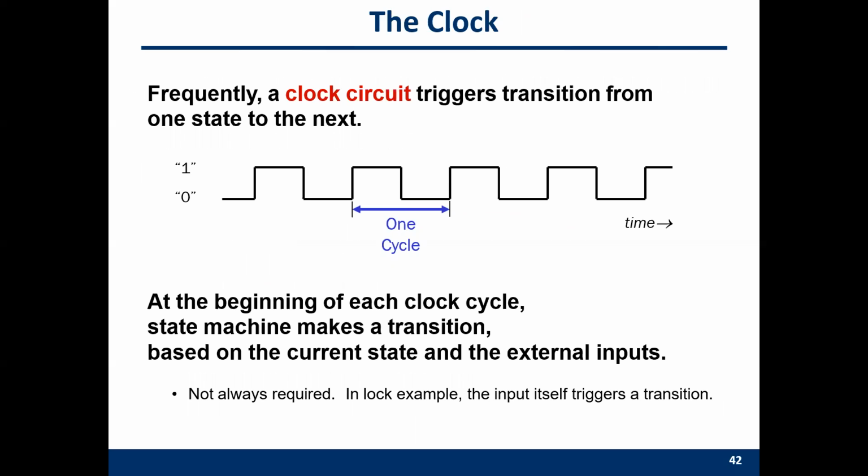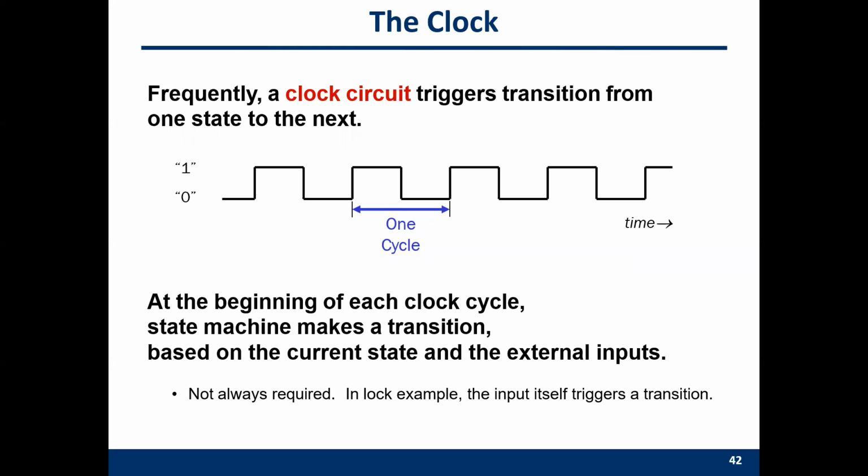Then we have the clock. The clock is used to control the finite state machine. The finite state machine can be triggered by the edge of the clock or by the level of the clock. Typically it's triggered by the edge.